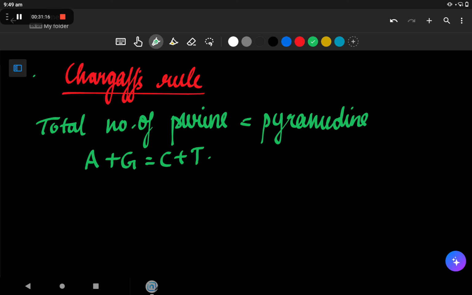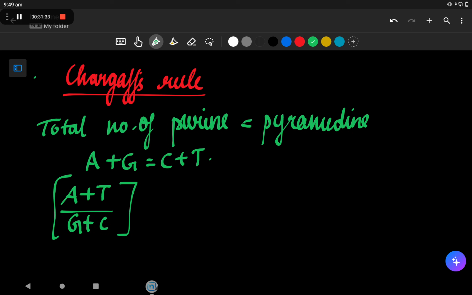The number of adenine-thymine bonds differs from the number of guanine-cytosine bonds, but the base ratio is constant. Got it? It is always constant.